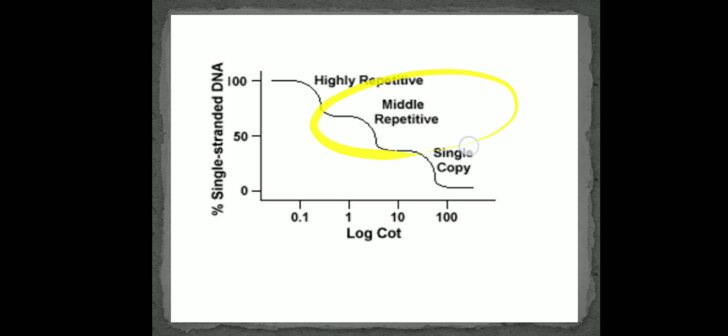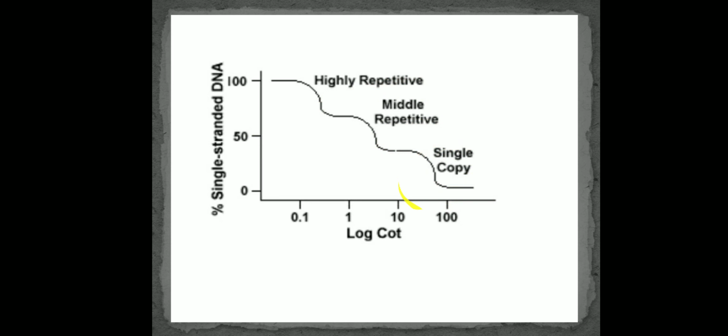Then the next curve will represent moderately repetitive sequence, which means the repetitive sequences are slightly less compared to highly repetitive sequences. So the percentage of single stranded DNA is more in moderately repetitive sequences. So we know how much moderately repetitive sequence is present. At last we get unique DNA sequences.